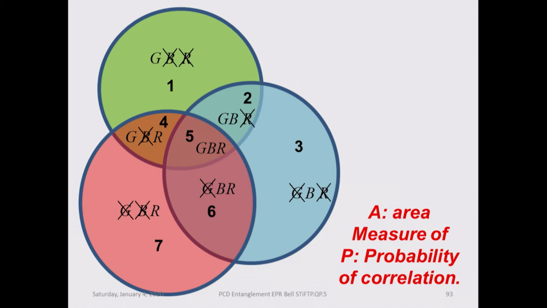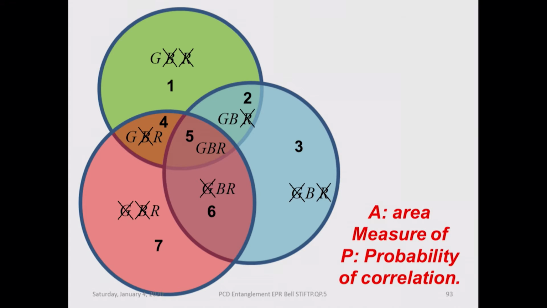Is the result common to both the apparatus? Is the spin up common to both the orientations, or only one or the other, to the green apparatus or to the blue apparatus and the red apparatus? So, there were three different apparatuses at three different orientations, corresponding to which we have these three different circles with three colors. Okay.